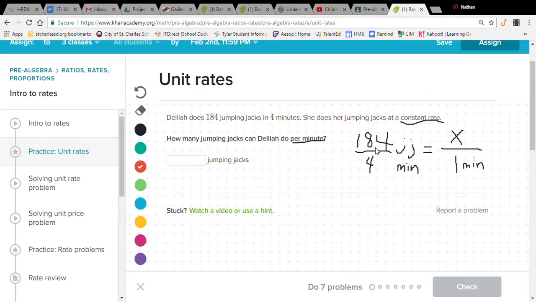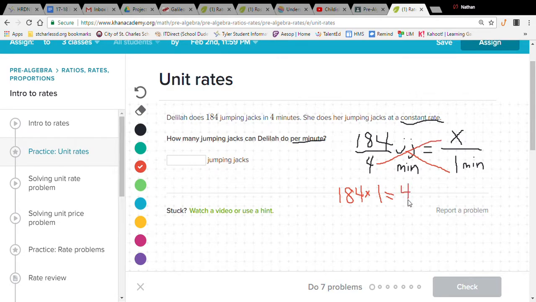To solve a proportion, you use cross multiplication. So I'm going to multiply across here, multiplying 184 times 1, and that is equal to 4 times x.